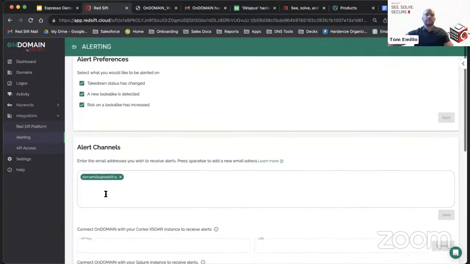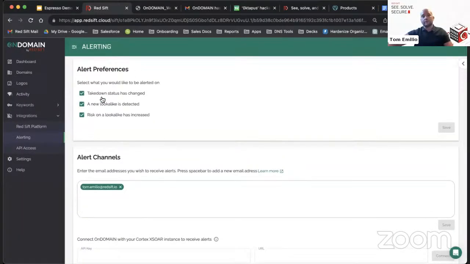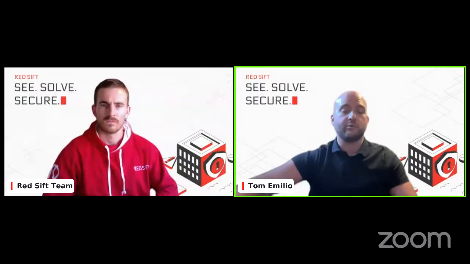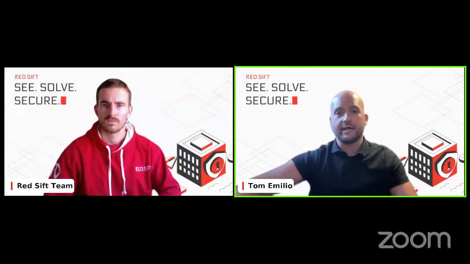I set up some basic alerts where I can be notified on the takedown level, but if a new domain came in, or if our platform says, hey, these things have happened in the DNS, we're going to escalate that risk level. So know that we are looking at the data and what's happening in the platform, and we'll auto reclassify that risk on your behalf.